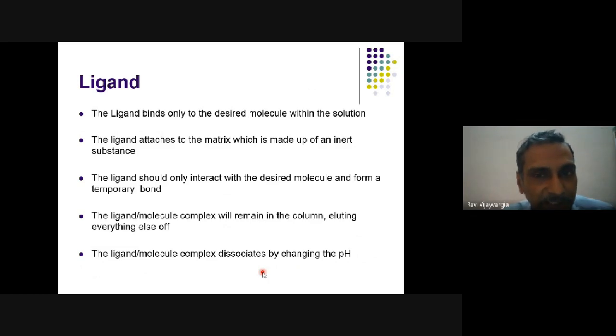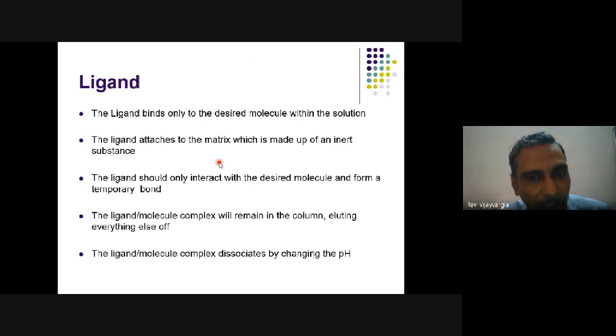The ligand can be any molecule which has a specific affinity with your target molecule. That ligand can be an antibody or antigen, or it can be DNA. The ligand is the one you are targeting your protein for purification with, so accordingly you choose the ligand.